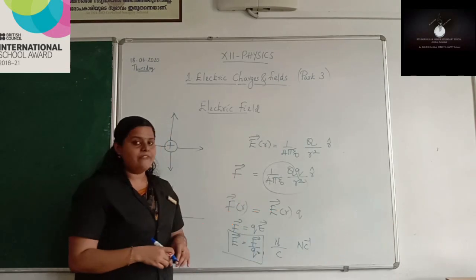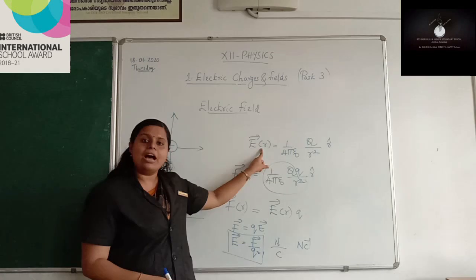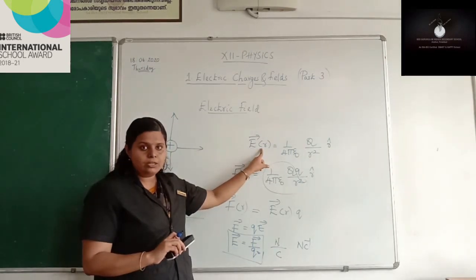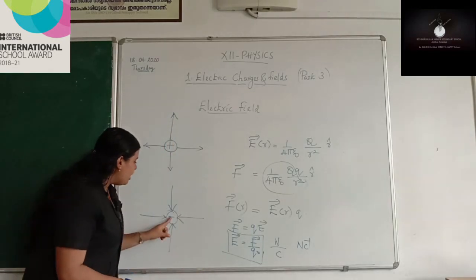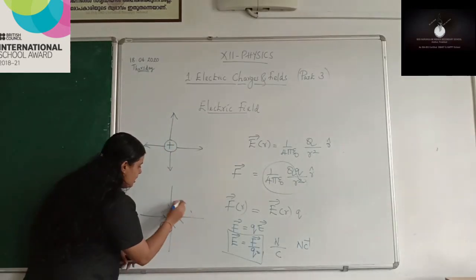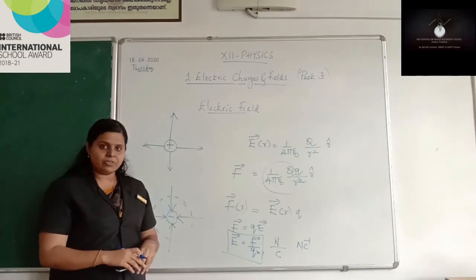So electric field is a vector. Also, it is a function of position. Function of position means at equal distance from this point charge, at these points, the magnitude of electric field will be the same.